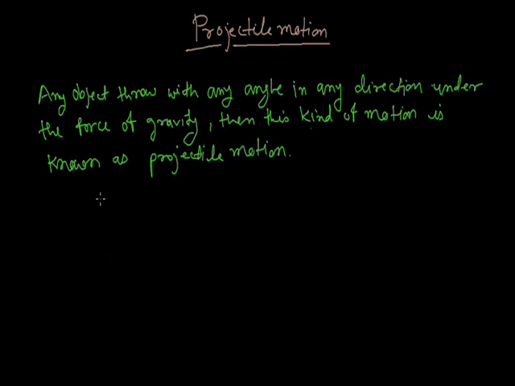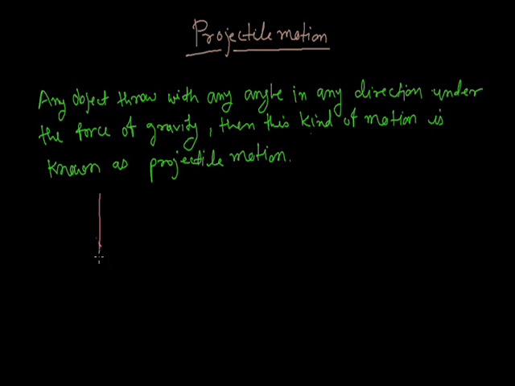Let's suppose we throw an object at angle theta from the horizontal with velocity u, then its path will be like this. Its velocity components will be: the horizontal component u cos theta and the vertical component u sin theta.